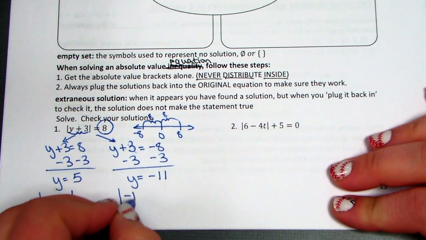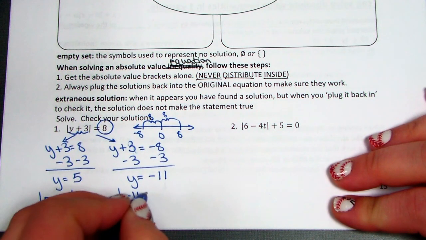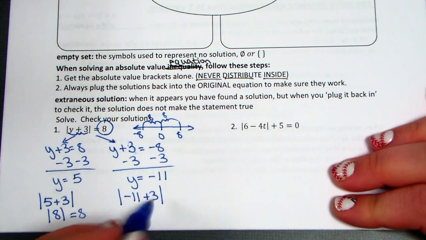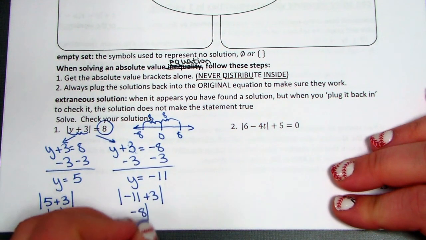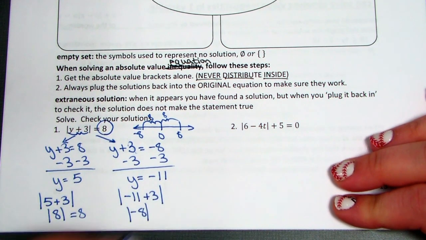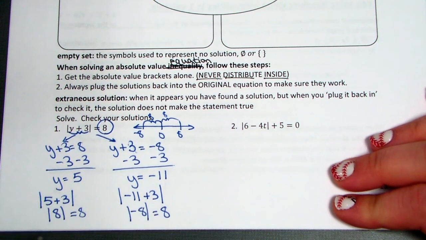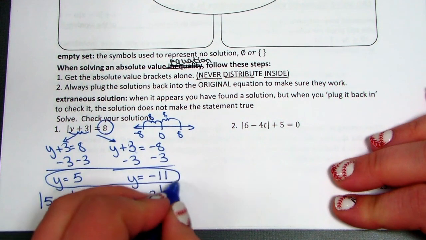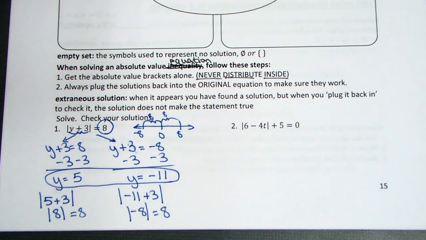The absolute value of negative 11, plugging that in for y, plus 3. Negative 11 plus 3 is negative 8, and the absolute value of negative 8 is 8. That means that both of these solutions are true, and I need to include both of those as my answer.